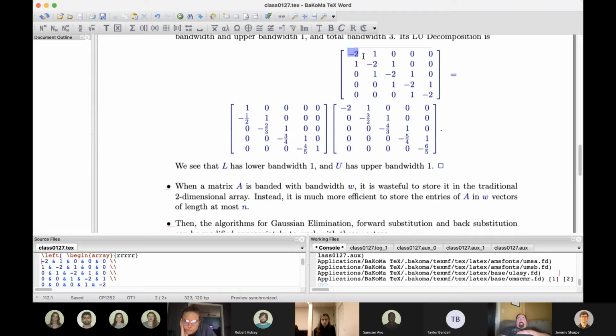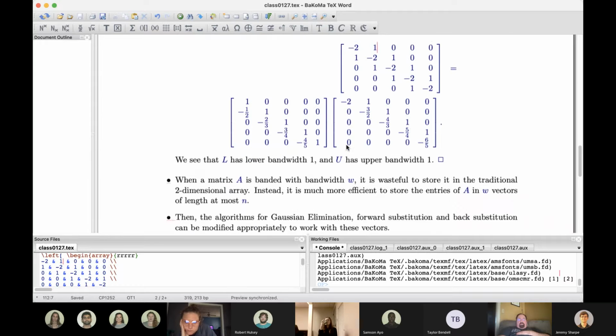This entry is right above the one I'm eliminating, so I'm not even performing that computation. This entry, I multiply by, in this case, minus 1/2, and subtract from this entry right here. So here is where I'm actually doing something, but this is only happening in column j plus 1. So that column is the only one I need to act on.